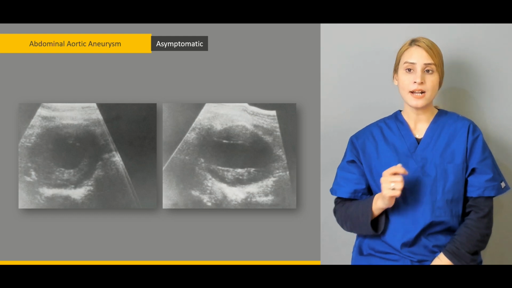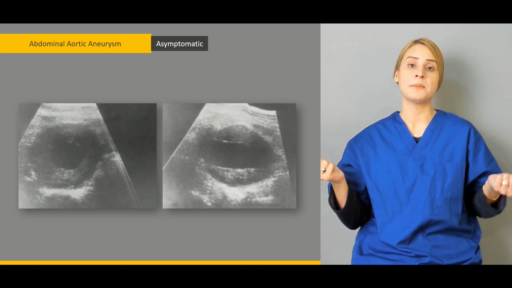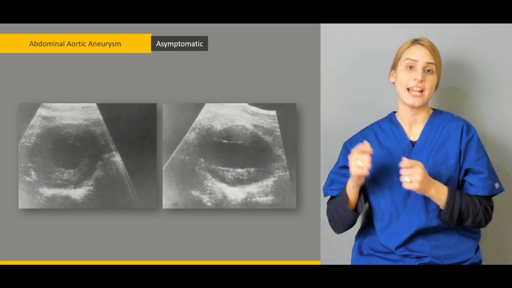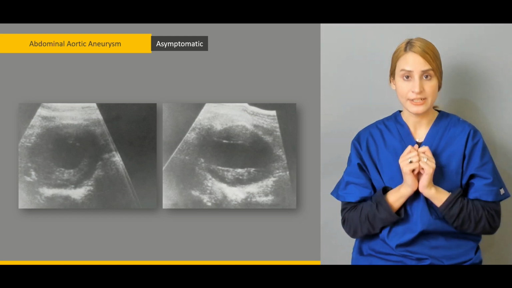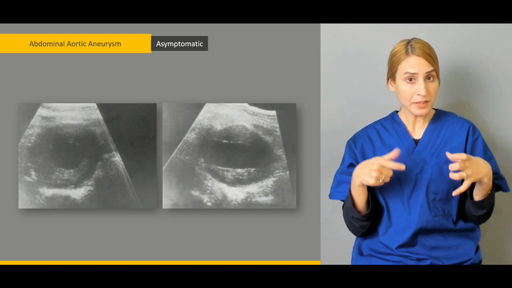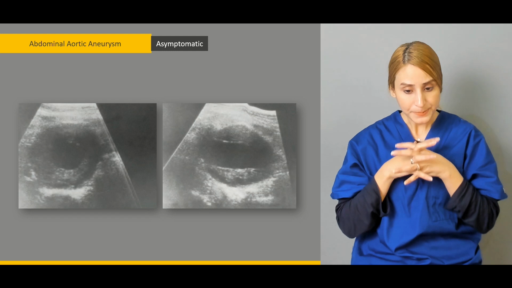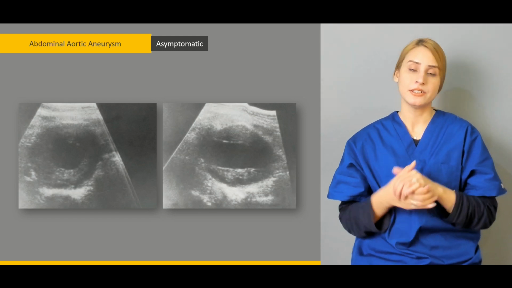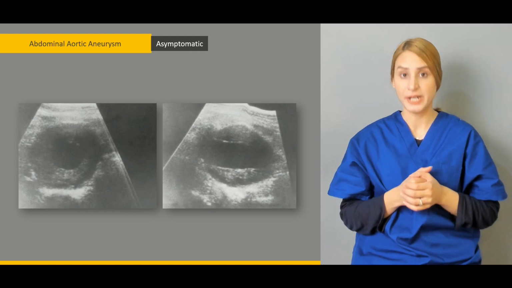But now there are some indications. If you find that a patient who is asymptomatic has an abdominal aortic aneurysm, the diameter of the aneurysm is very, very important. If the diameter is less than 55 millimeters and the patient is asymptomatic, there is no need to repair it.